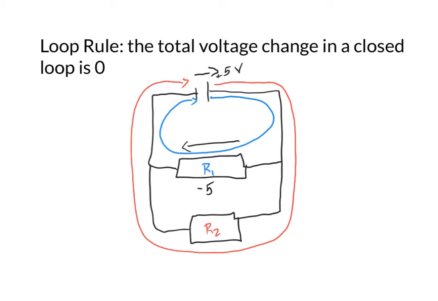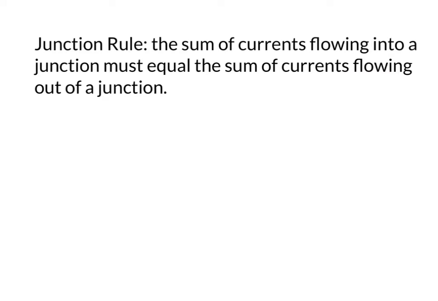So I have 2 closed loops in my circuit, and across each one, the total voltage change has to be 0. So, across my first resistor, I will still be losing 5 volts, and across my second resistor, I will also lose 5 volts.